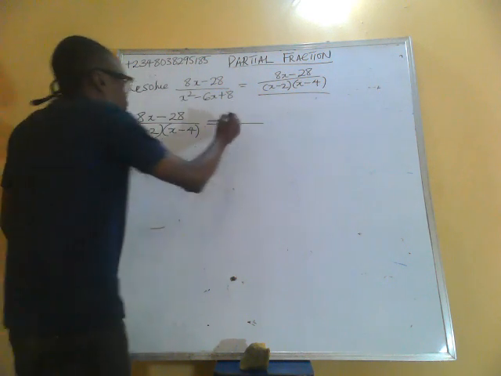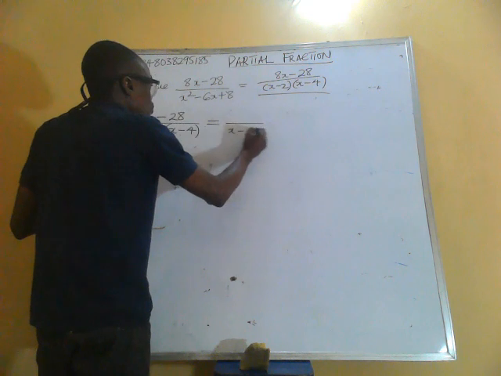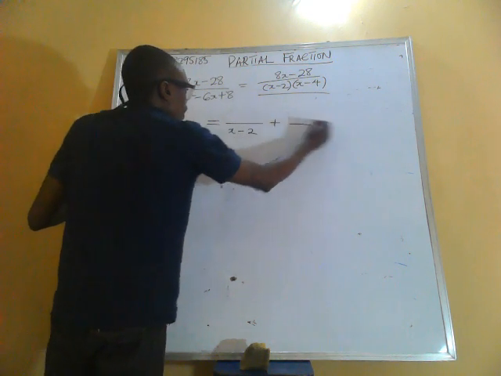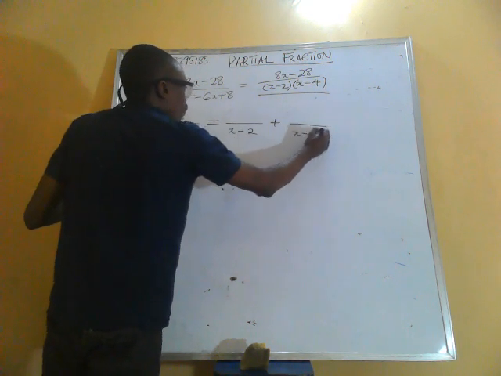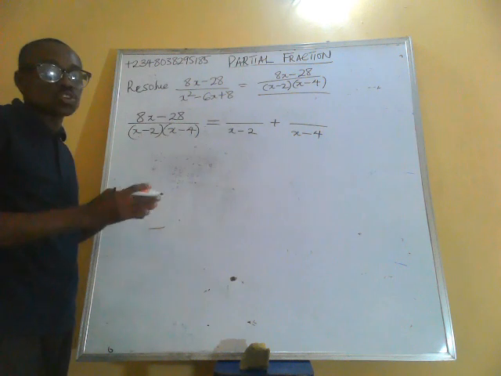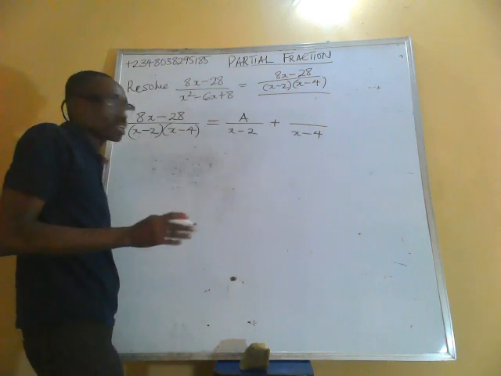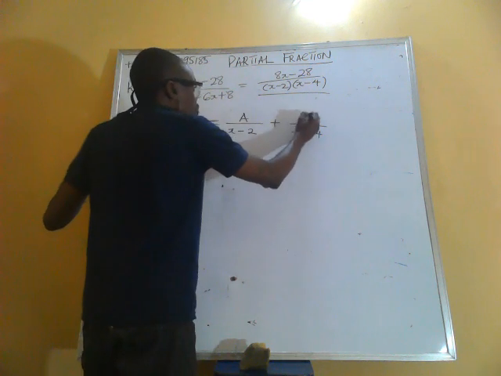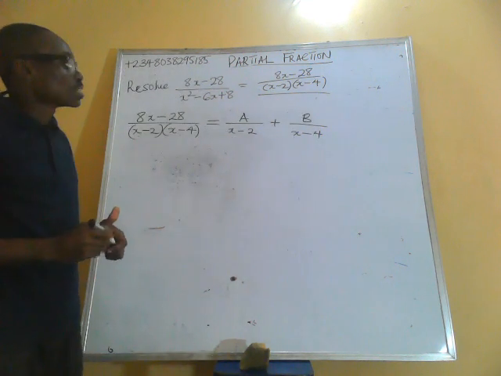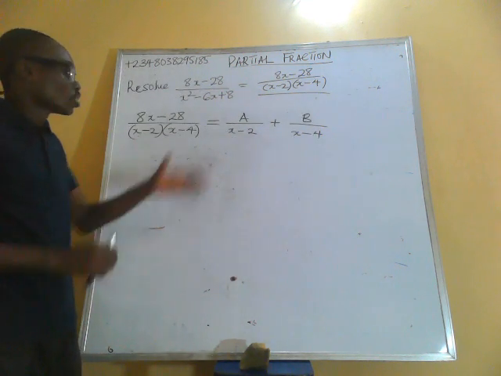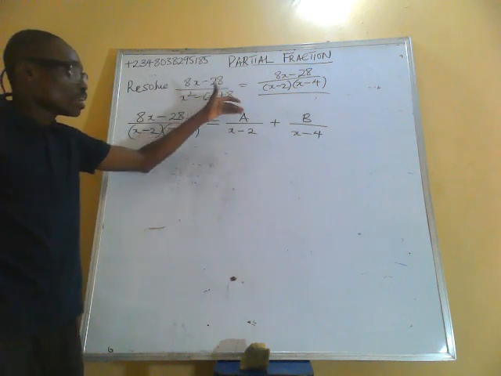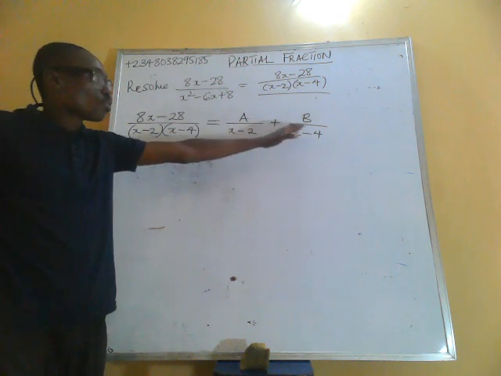There will be a number here which we are using a to represent, and a number here which we are using b to represent. So your partial fraction is going to be a over x minus 2 plus b over x minus 4.